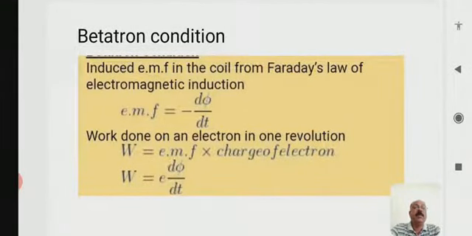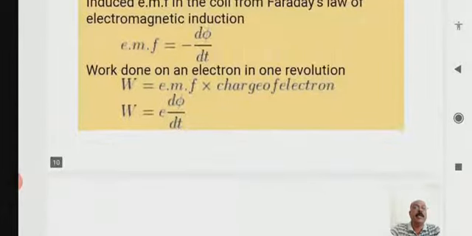Induced EMF in the coil from Faraday's law of electromagnetic induction. Already all of you know the EMF is equal to minus d phi upon dt. Then work has to be done on an electron in one revolution. W is equal to EMF into charge of electron. So W is equal to e into d phi upon dt.